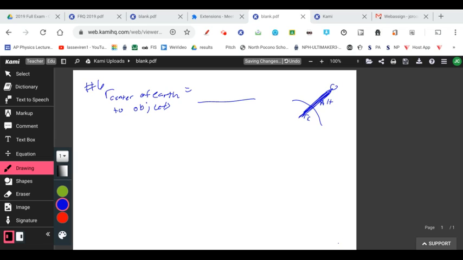So when we are talking about this problem, question 1 says find the gravitational force.